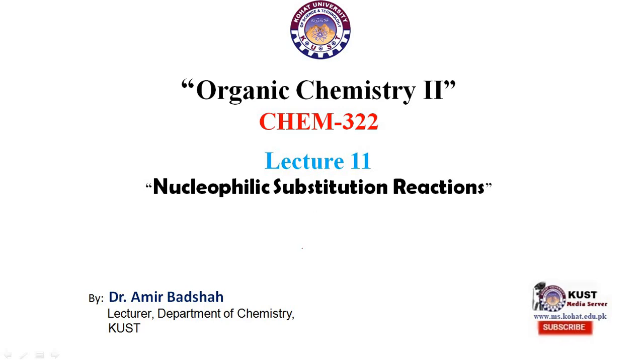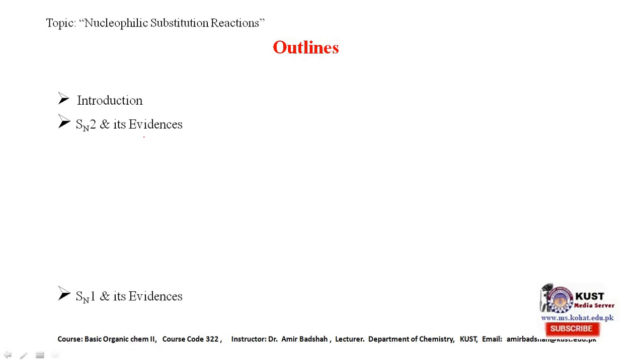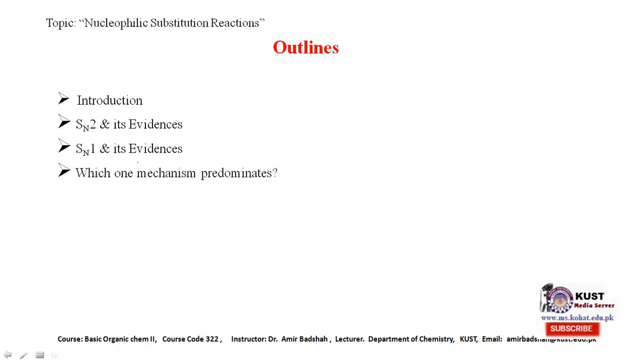The outline of our lecture will include the introduction, then SN2 and the evidences of SN2 reaction, followed by SN1 reaction and the evidences of SN1 reaction, and then we will discuss which mechanism predominates, either SN1 or SN2.